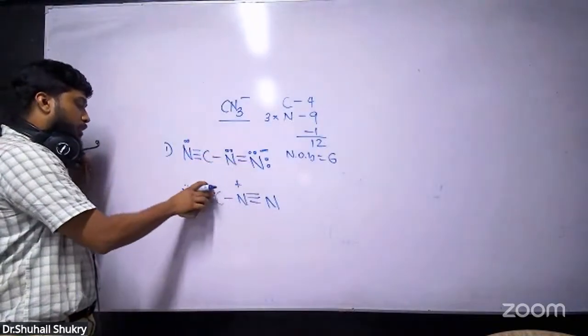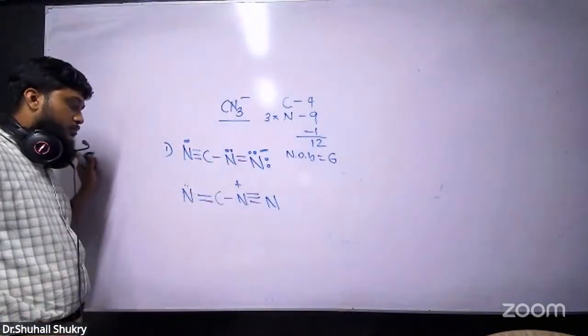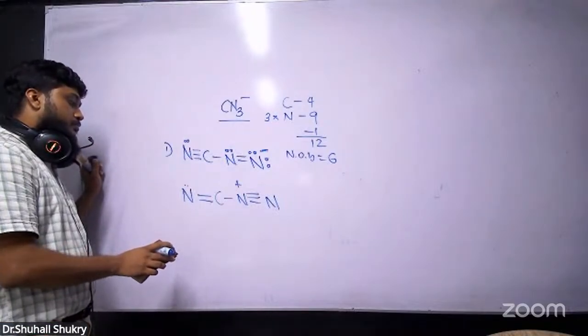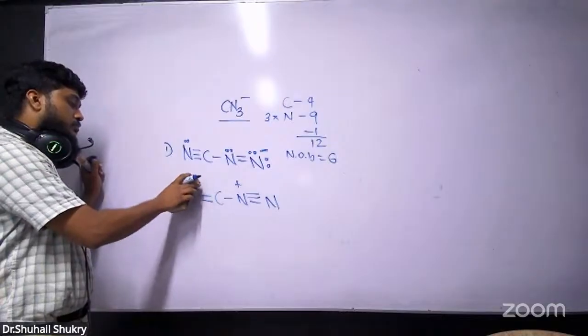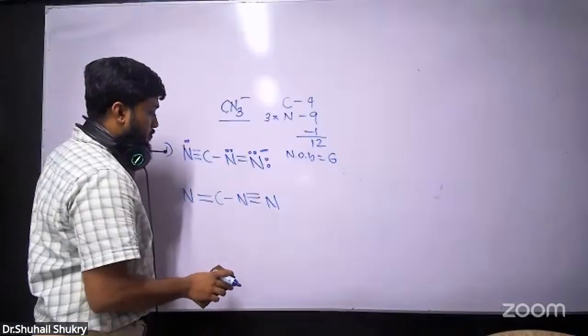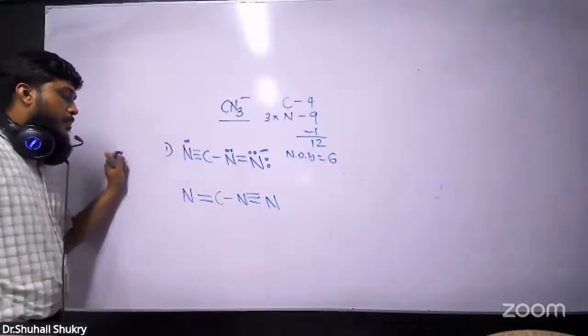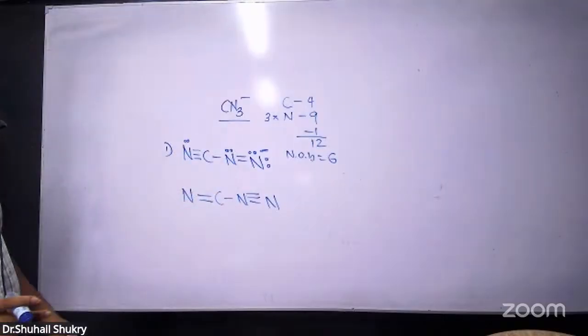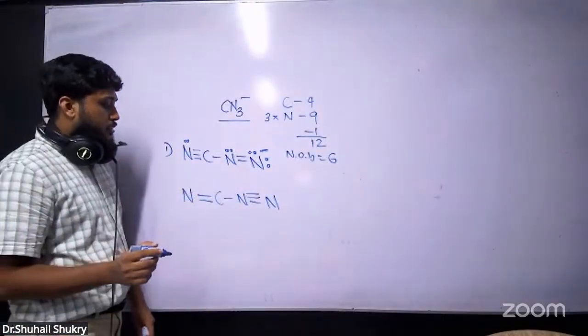I can put maximum 2 here. Because maximum how many bonds can I put? 1, 2, 3, 4, 5, 6. So I can go up to only 6 bonds here.